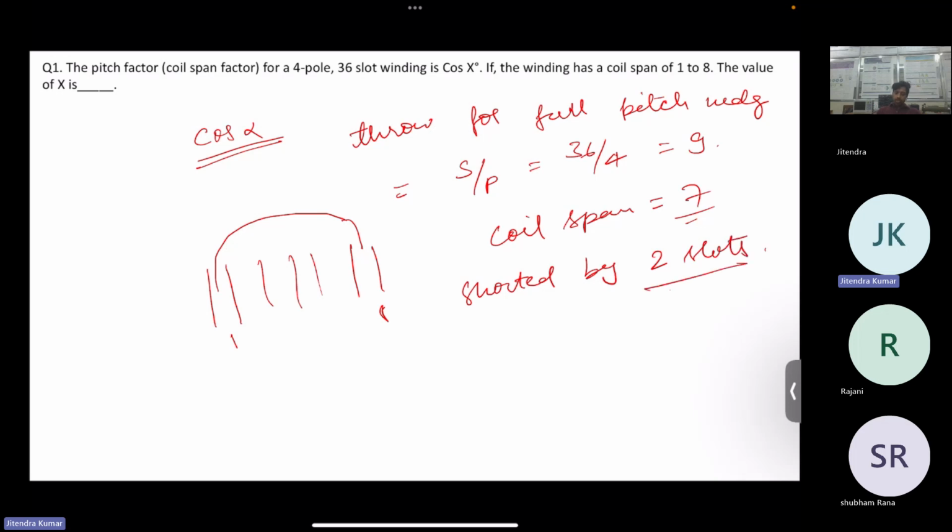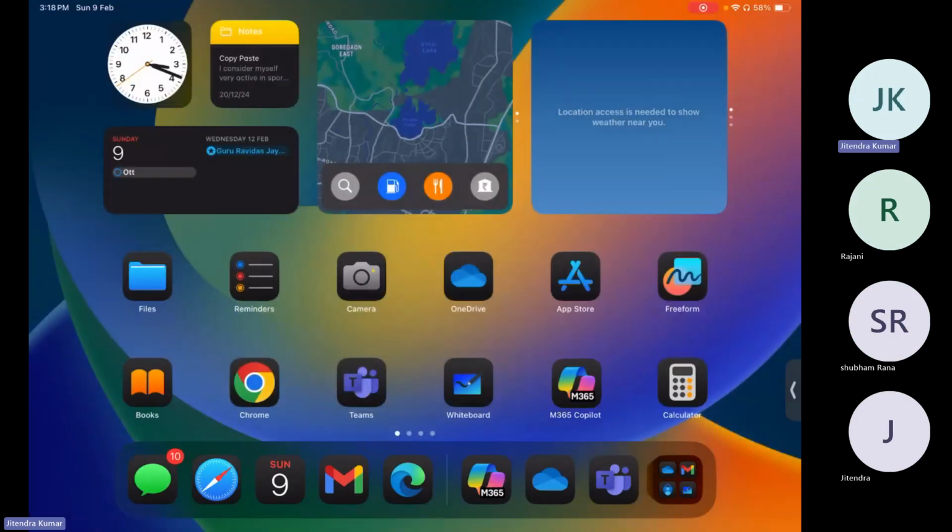Right. So can you calculate the pitch factor? Pitch factor is cos alpha. Please let me know this value after calculation, okay?